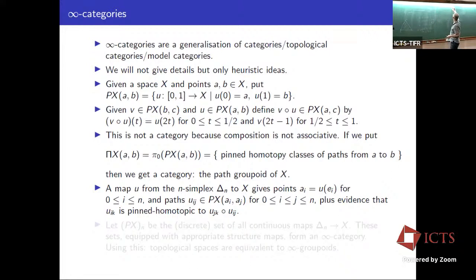Let's call it U01. And so you get U12 in PX from A1 to A2. And U02 is in PX from A0 to A2.